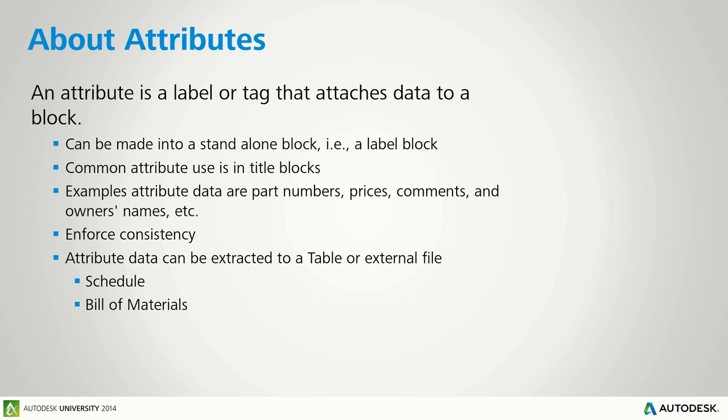You can also set everything to be invisible so that people don't see that information, and again, it can be extracted as a schedule, a bill of materials, some kind of document for the type of information you have in your drawing.